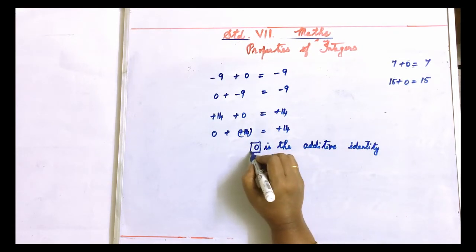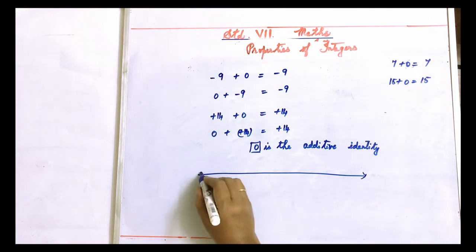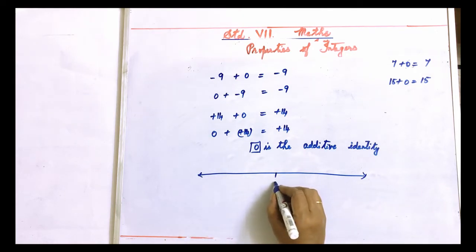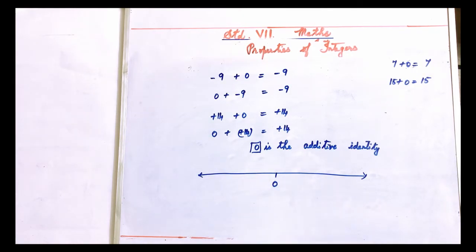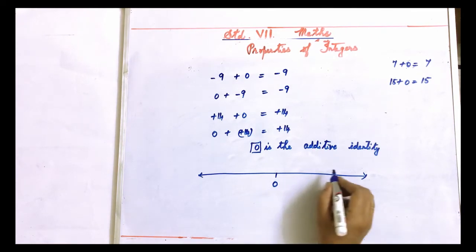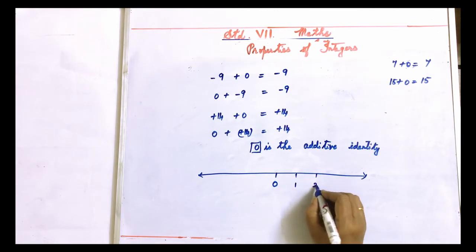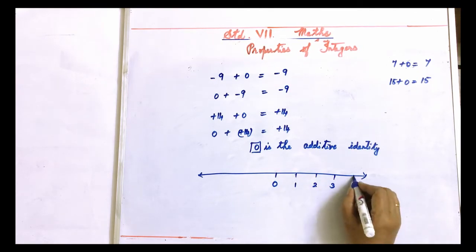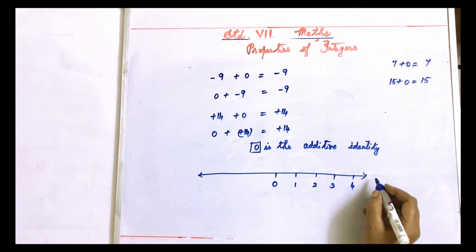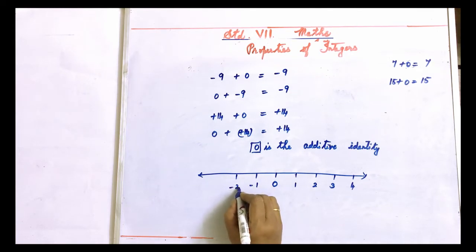Now we shall consider the number line. 0 separates positive integers and negative integers. You all know on the right side we have the positive integers 1, 2, 3, 4 and so on, and on the left hand side we have negative integers minus 1, minus 2, minus 3 and so on.